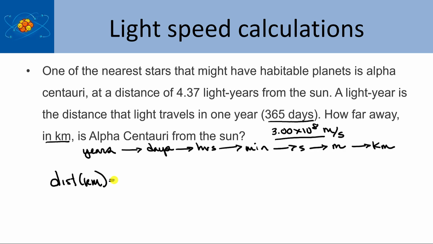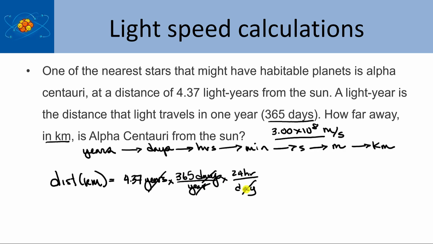My given value is 4.37 years times 365 days in a year times 24 hours in a day. And I'm just thinking about where I'm going in my map, right?